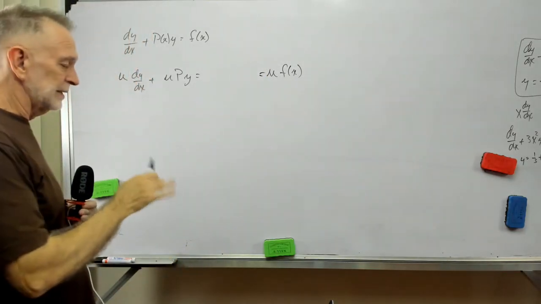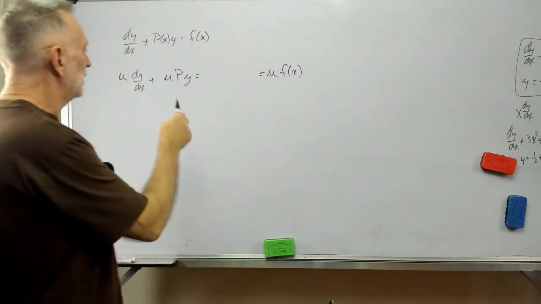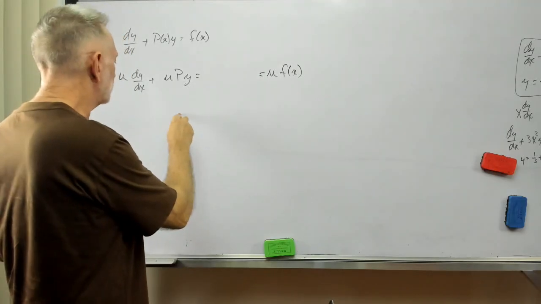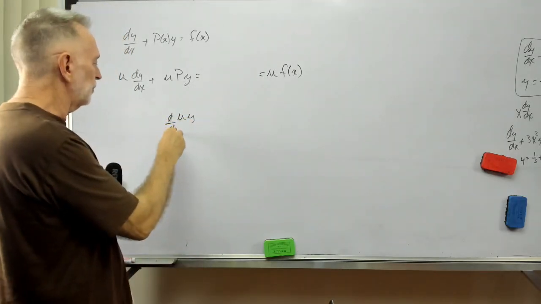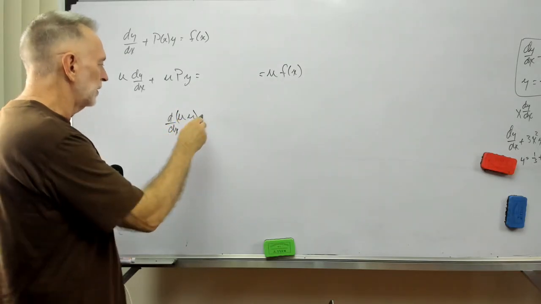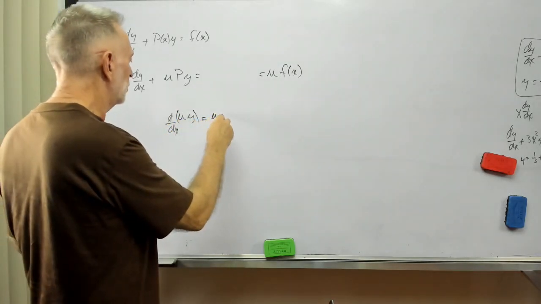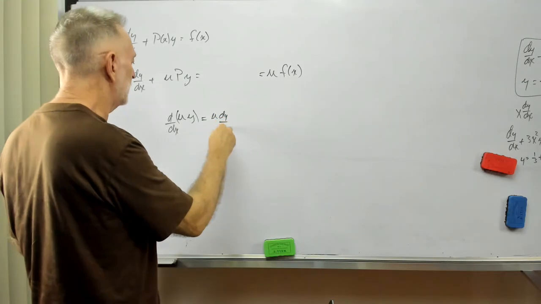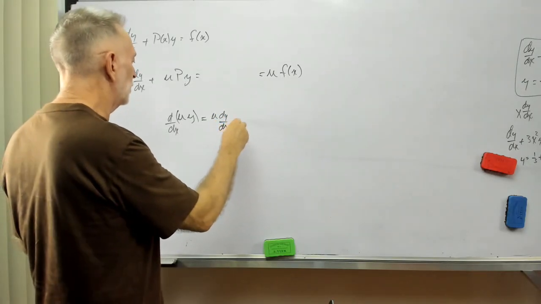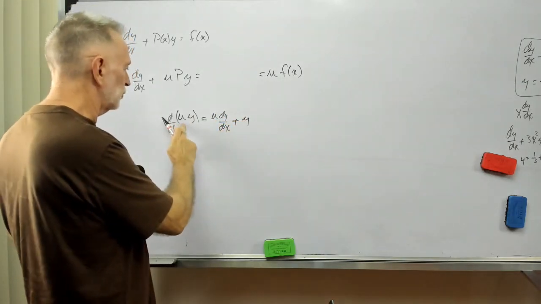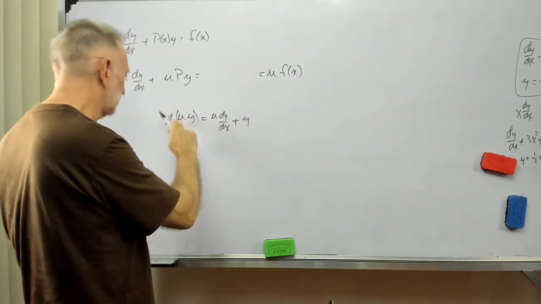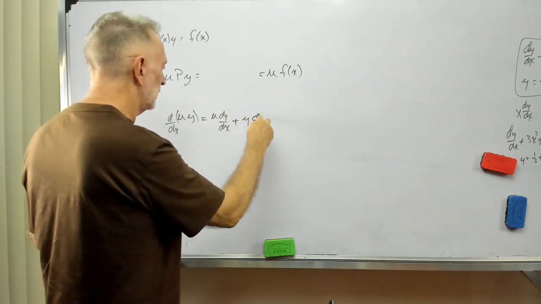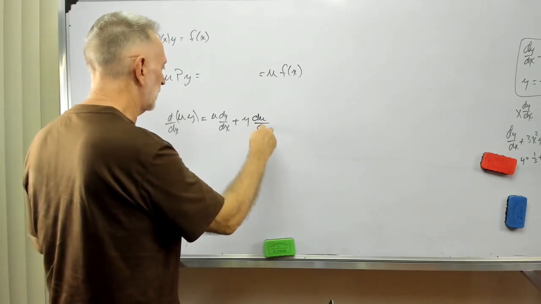He suggested that if we have some function u times y, and I take the derivative of that with respect to x, I get u dy/dx plus y, so the first function times the derivative of the second, plus the second times the derivative of the first, du/dx.